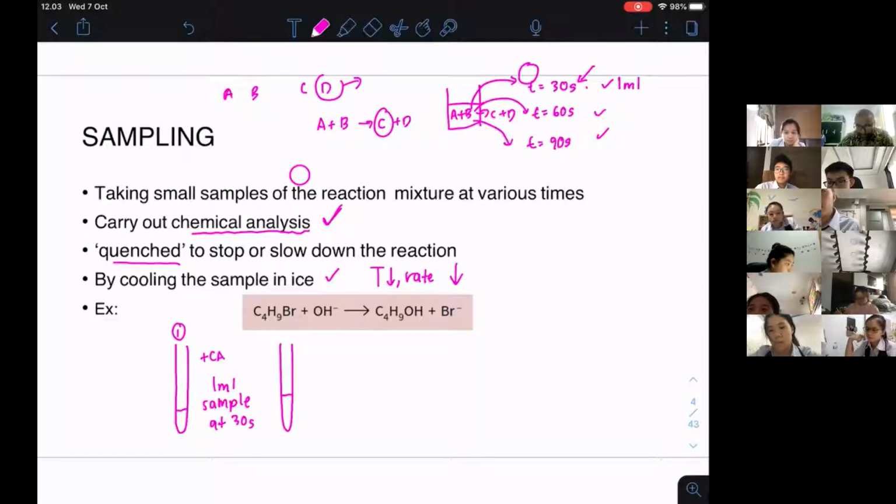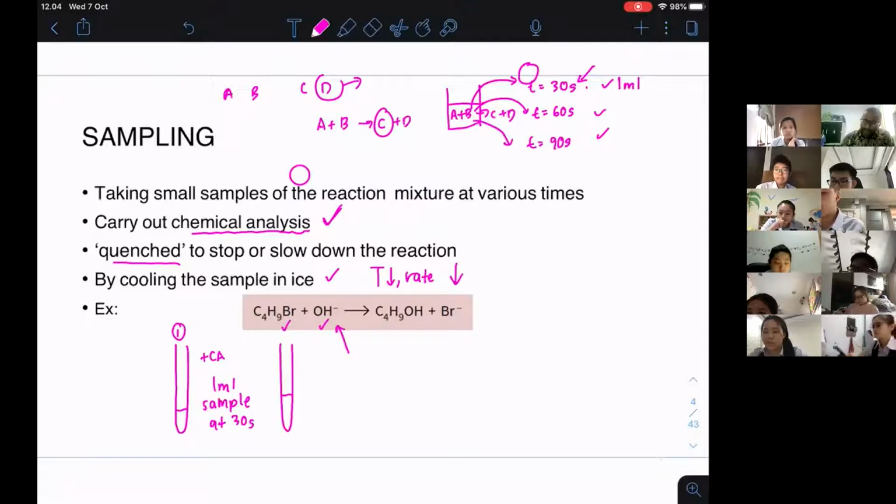For example, if you have this example, when this reacts with OH minus, let me see whether you guys are alert or not. Nicole, Trisha, what type of mechanism is this reaction? It's a haloalkane. A haloalkane will undergo what kind of mechanism?